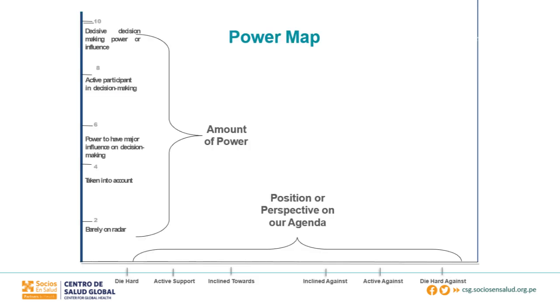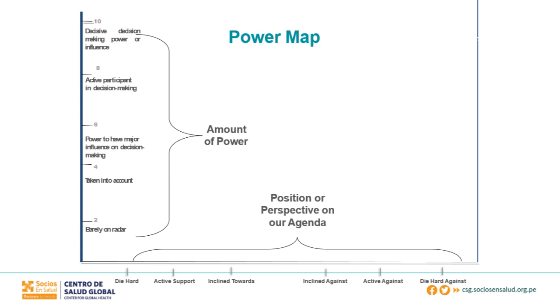And so this is the power map, and essentially what you will do is plot out all the key players on this map. You'll see on the x-axis you have the position of the individuals, whether they are for or against or somewhere in the middle. And then on the y-axis you have how much power they have, not in general, but on this specific issue.